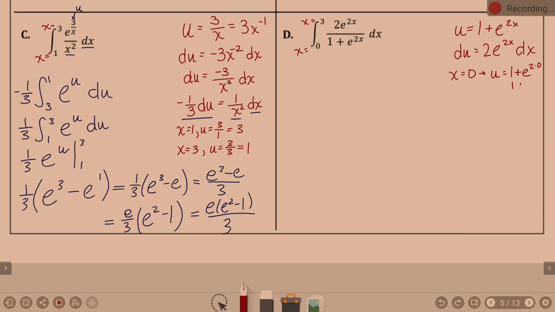So it becomes 1 plus 1, so u is 2. Then our other one is x equals 3, so 1 plus e to the 6th, and that one's not going anywhere. Those are my u's.